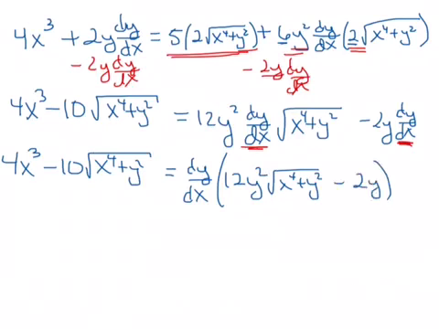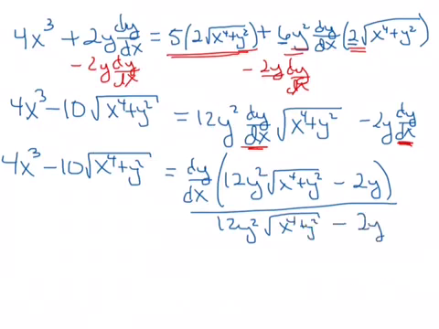Okay, the very last step is to divide by our parentheses, 12y squared times the square root of x to the 4th plus y squared, minus 2y, on both sides.